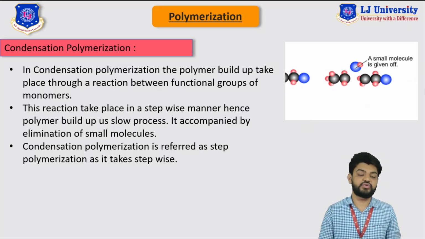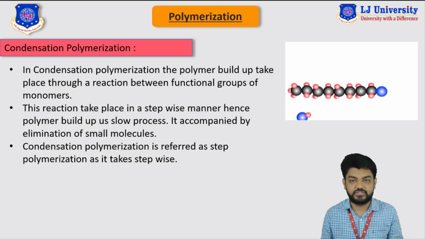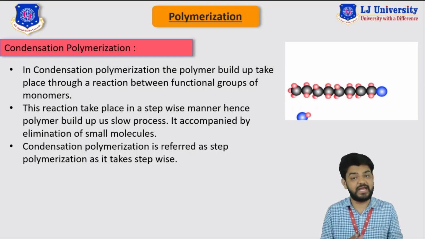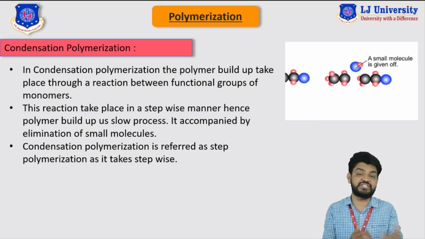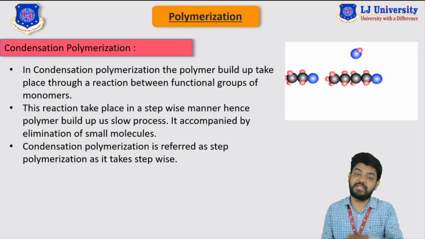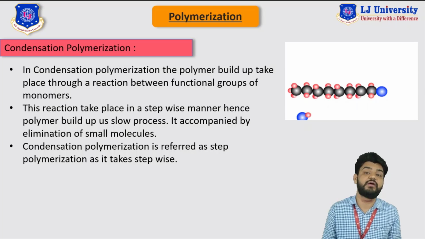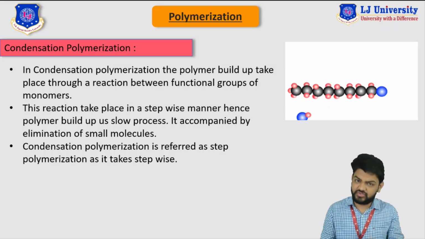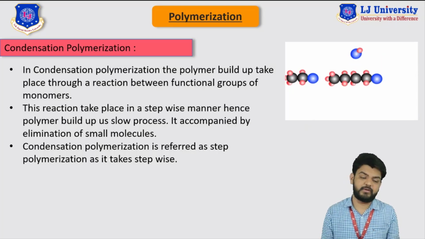Because the reaction takes place in steps, polymer buildup is a slow process. First one reaction takes place, and only then do the second and third functional groups combine together.